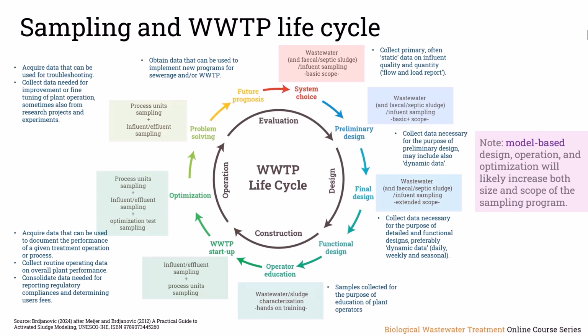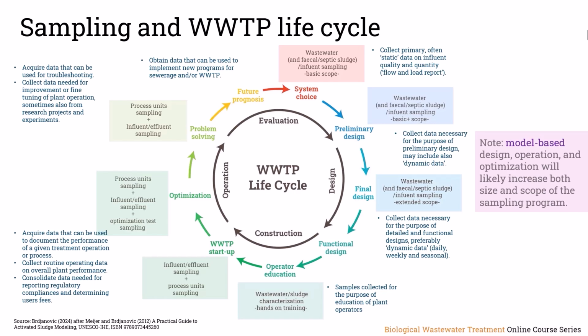When we talk about preliminary design, we are still talking about wastewater and fecal sludge and septic sludge, influent sampling, but the scope is, let's say, basic plus. So it's a little bit wider than for system choice sampling. At this stage, we are really collecting primary, often static data on influent quantity and quality, and we call this a flow and load report.